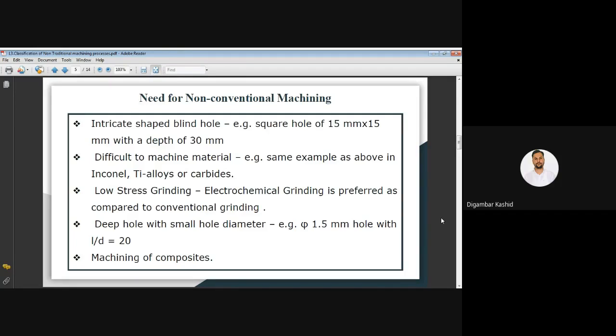But the new exotic work materials, as well as innovative geometric designs of your product and component, have requirements that are not fulfilled by our conventional machining processes. So they are putting a lot of pressure on the capability of our conventional machining processes.